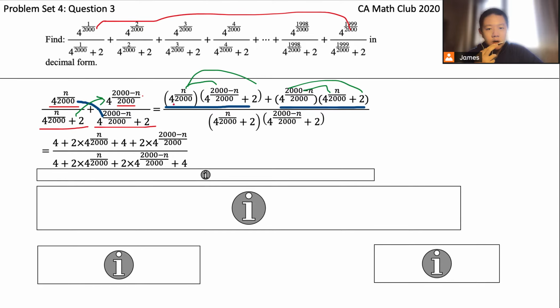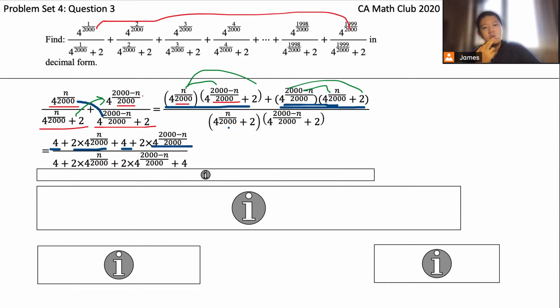This gives you something really nice, because n over 2000 plus 2000 minus n over 2000 gives 2000 over 2000, which is 1. So 4 to the first power is definitely 4. Then multiplying them together, you get 2 times 4 to the n over 2000 power.